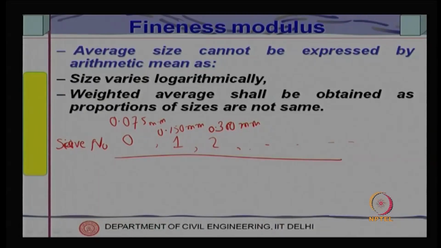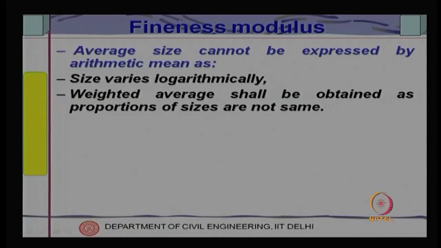If it is 3, average value is 3.5, which would mean that the average sieve number is 3.5. So, that is what we do, a weighted average. We find the average sieve number, and fineness modulus represents exactly that.